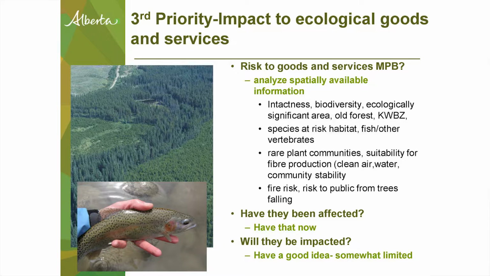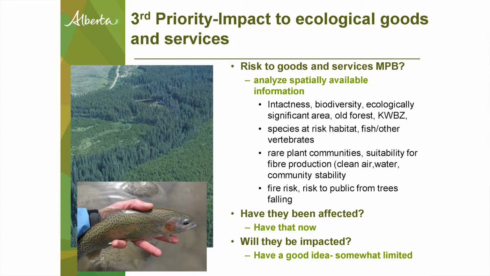So there's a lot of things like intactness, biodiversity, ecologically significant area, old forest, key wildlife biodiversity zones, things like that, or caribou habitat, bull trout habitat, Arctic grayling habitat, all those things that we know are key values, key ecological goods and services that we can also spatially locate. And we can find out what is the beetle doing to those. And there's other ones as well.